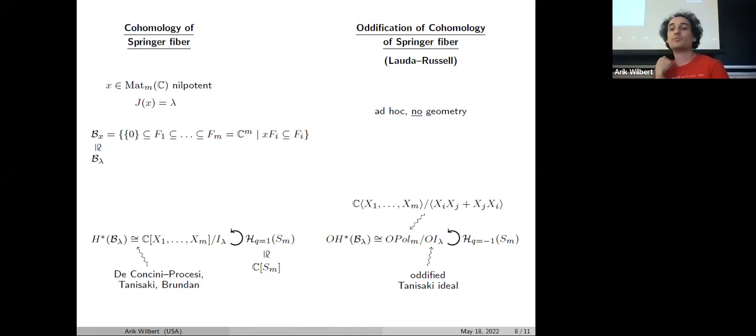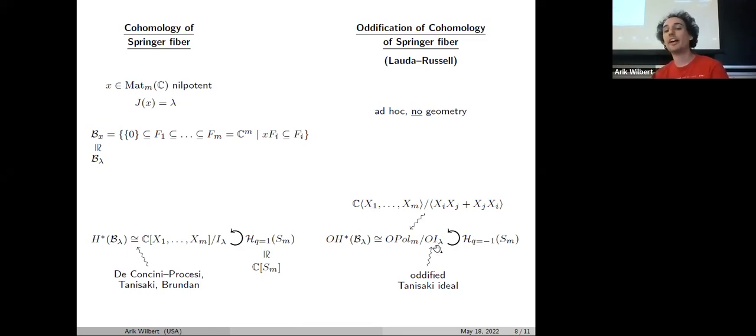Thing is, it turns out that this is not really possible. The reason is that if you look at the modified cohomology ring here, if your nilpotent element up here has more than 2 Jordan blocks, this modified cohomology is not a ring anymore. So this may be comment number 1.